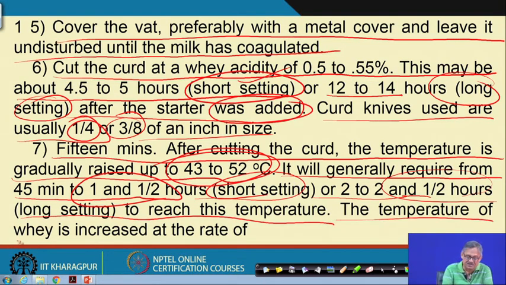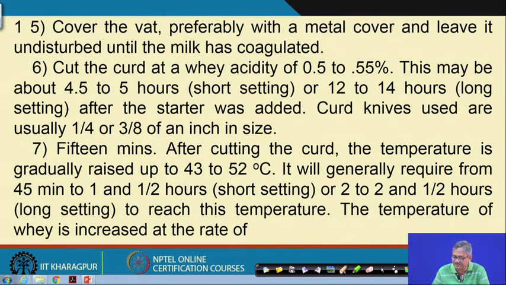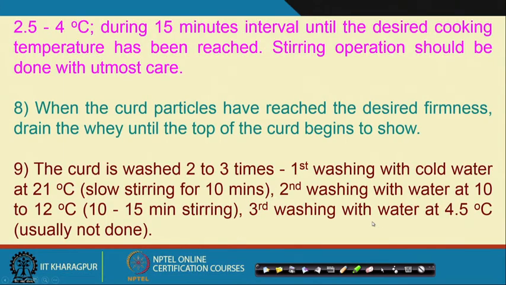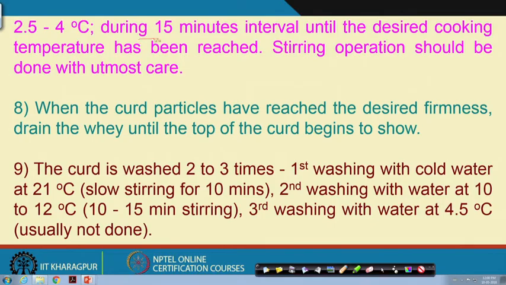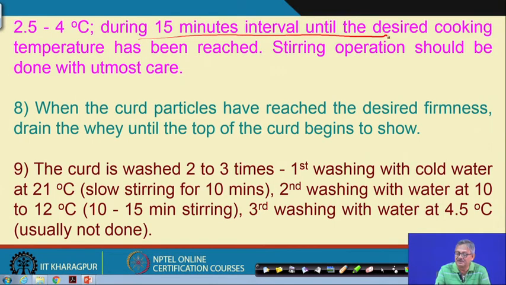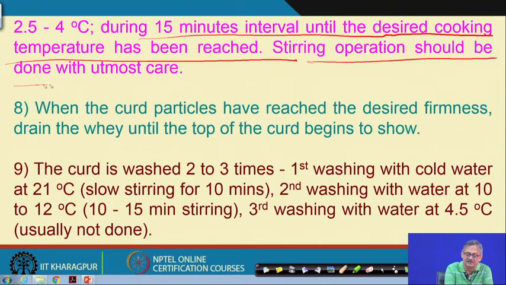The temperature of the whey is increased at the rate of 2.5 to 4 degrees centigrade during 15 minute intervals until the desired cooking temperature has been reached. Stirring operation should be done with utmost care.